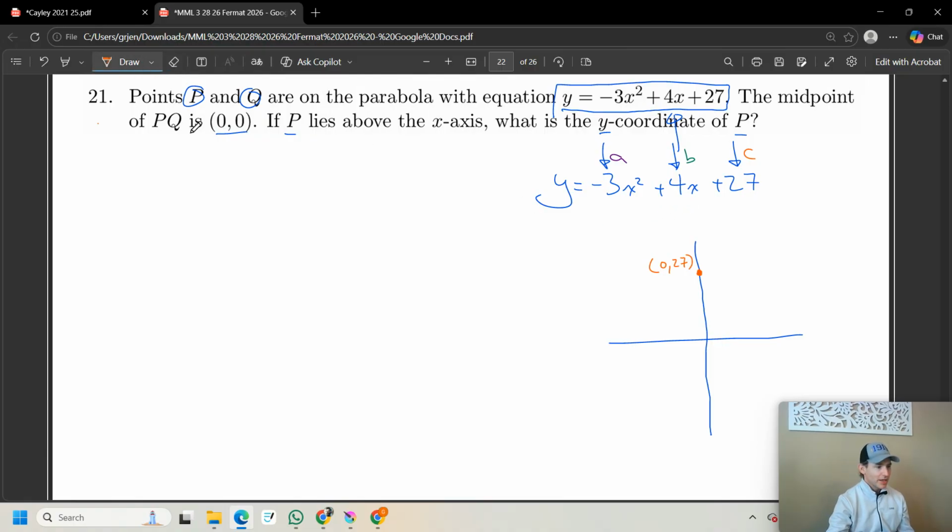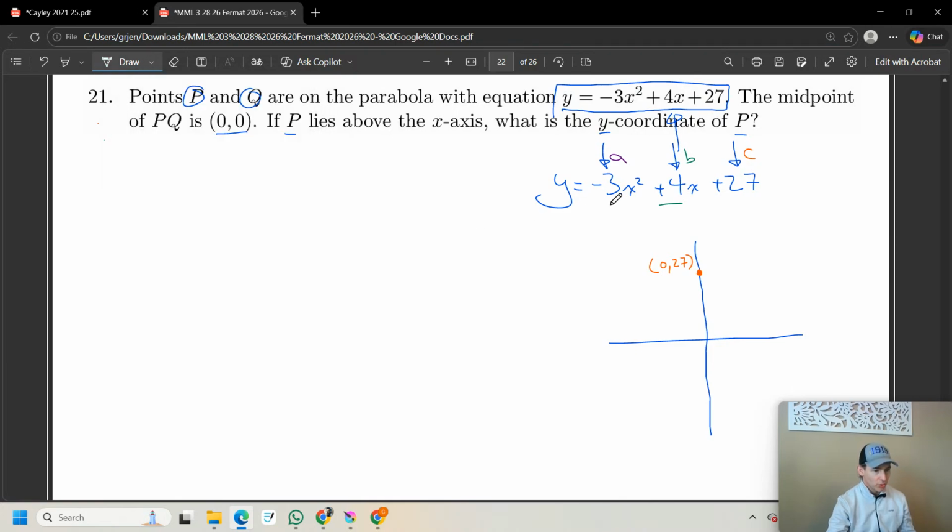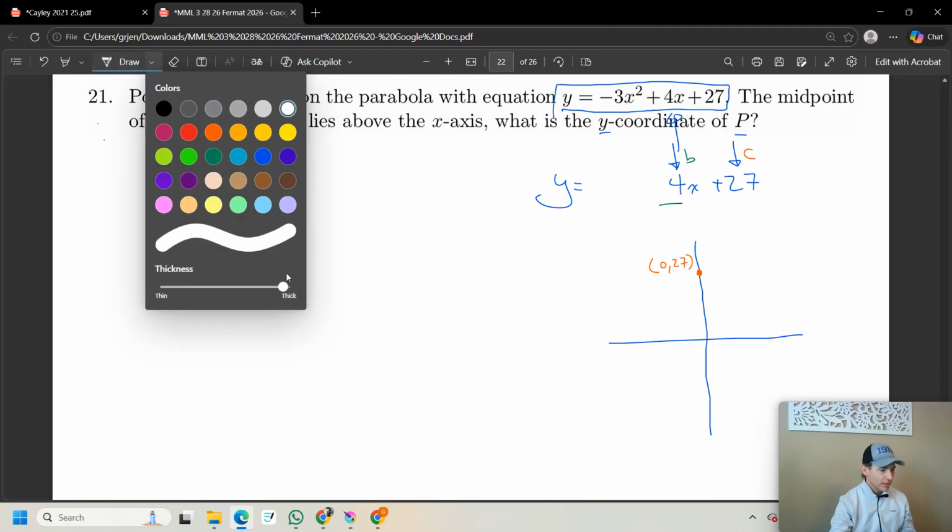The next one I want to talk about is this b term. The b term is under-discussed and misunderstood by students, but I'm going to show you the trick now so that you can understand it. If I cover this up and pretend it's not quadratic, I just show you 4x plus 27 and say that's my equation.